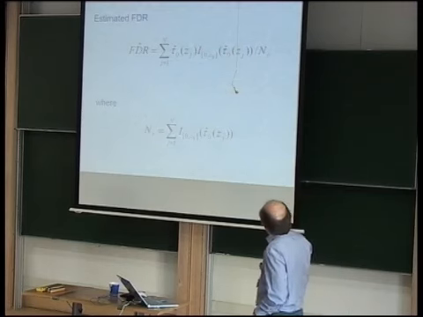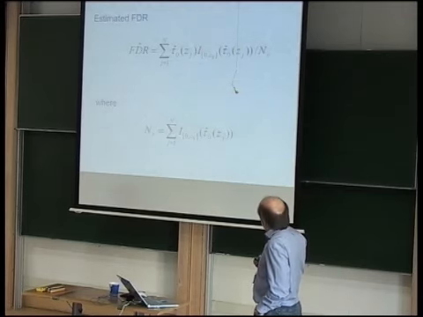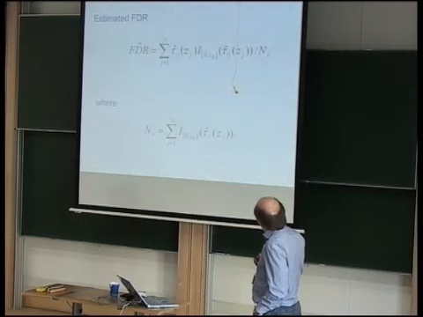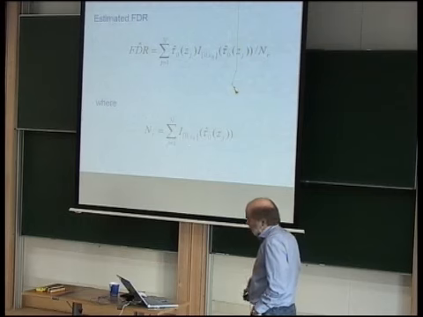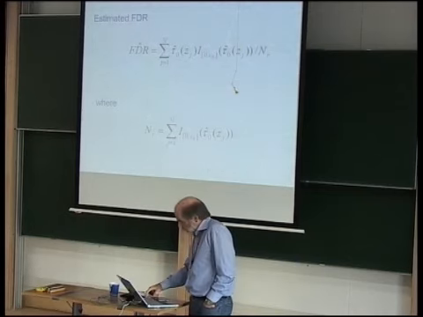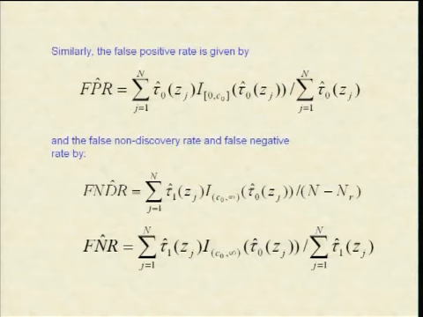A gene gets declared to be a non-null gene if the value for this estimated local FDR is less than some C0. And similarly, you can estimate these other things like the false positive rate and the false non-discovery rate and the false negative rate. So once we've fitted the mixture model, you can estimate these error rates.